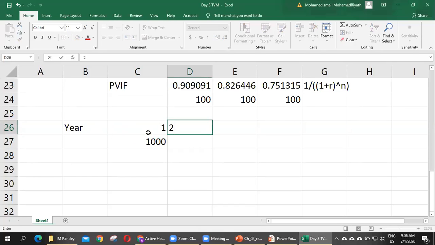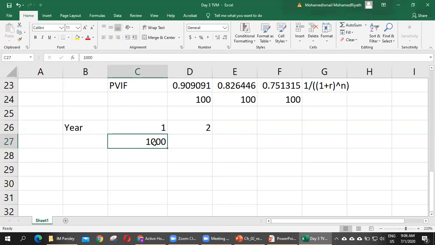At the end of year one you have invested 1,000, and at the end of year two, assume that the bank pays 10% interest. Say, on 1st of January you have invested 1,000 rupees at a rate of 10%.